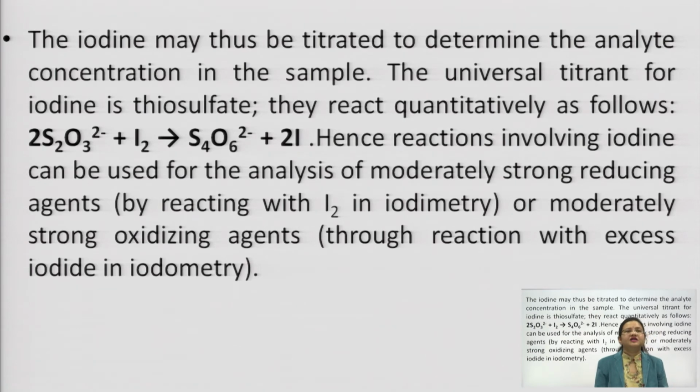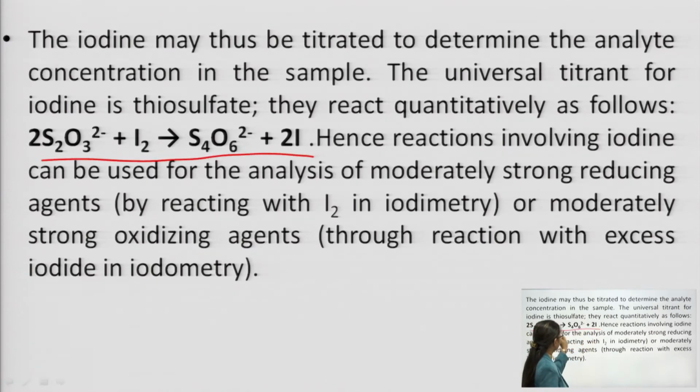The iodine may thus be titrated to determine the analyte concentration in the sample. The universal titrant, most of the time, is thiosulfate. They react quantitatively as follows. This is the reaction of thiosulfate solution and iodine, giving 2I minus.